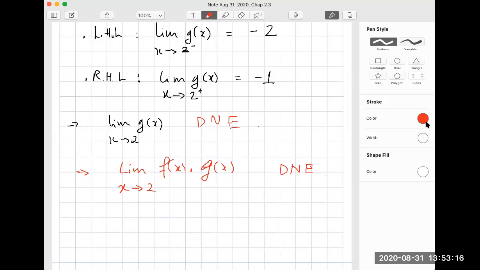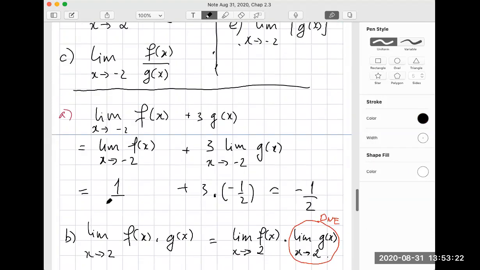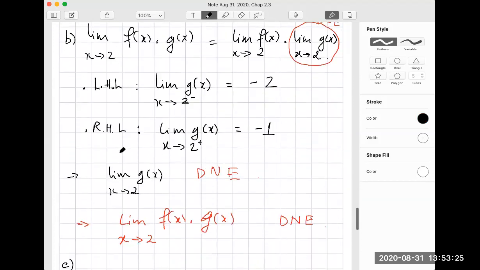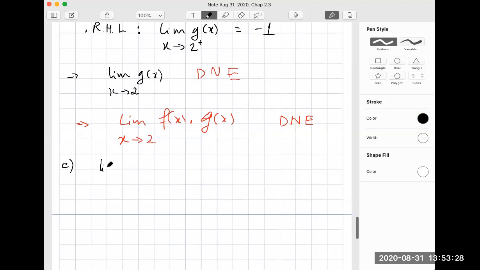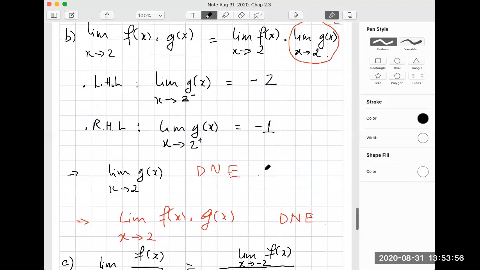Okay. Let us move on to number C. Here, the limit of a quotient when x approaches -2. And the quotient law tells us that it is the limit of f of x when x approaches -2 divided by the limit of g of x when x approaches -2, right? And from the graph, look at here.